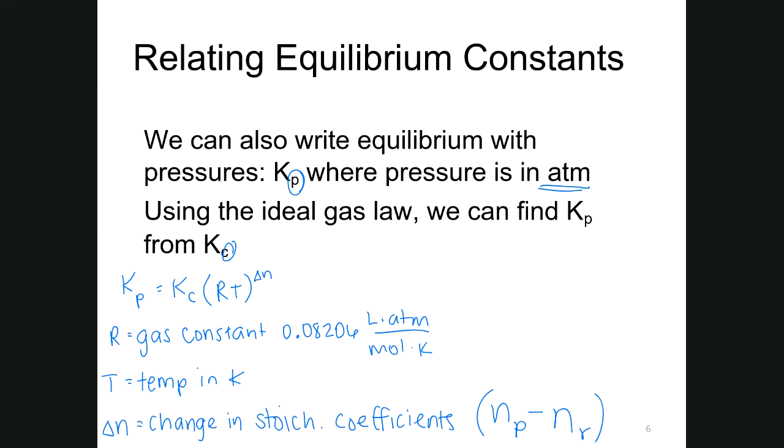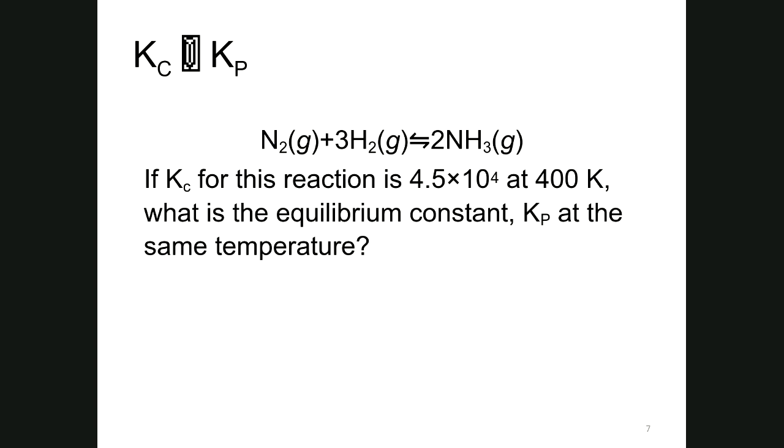So let's try out a problem where we utilize this equation. We have here the formation of ammonia, and we're told the value of Kc, specifically at 400 Kelvin, and we want to know what is Kp at that temperature. So our equation was Kp equals Kc times RT raised to delta N. So Kc we have is 4.5 times 10 to the fourth, right?